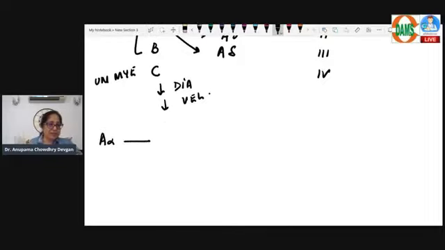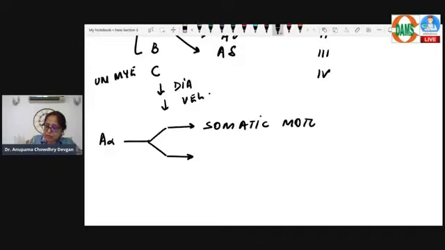A alpha fibers can be motor, they can be sensory. A alpha fibers can be somatic motor. We've already discussed this briefly last time. Remember I told you the spinal motor neuron is also known as the A alpha motor neuron.